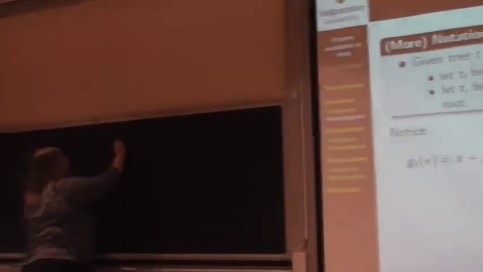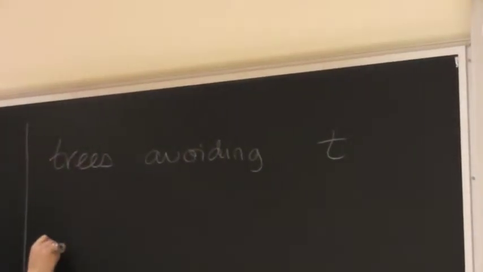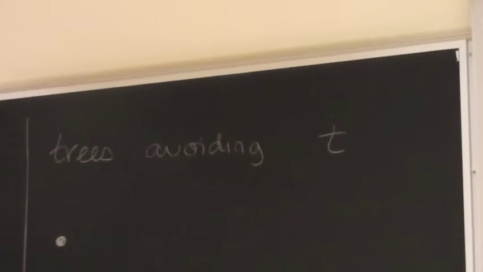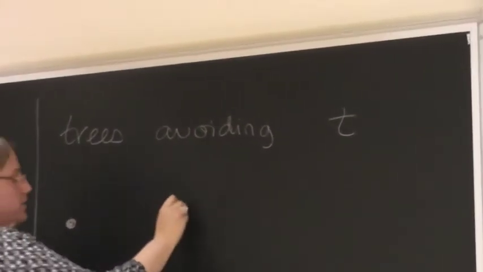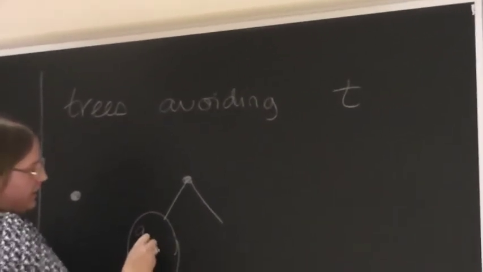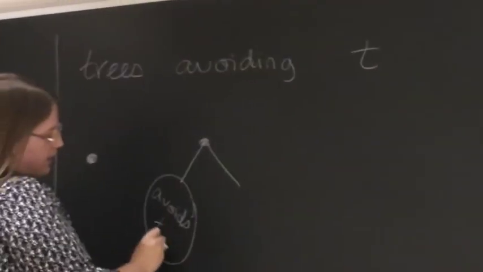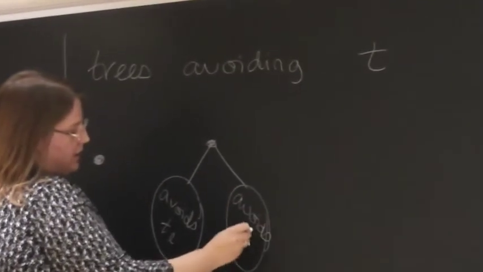Because if you talk about trees avoiding T, you're going to have one of three cases. You have the tree that looks like this. Well, that's what the X accounts for, because this has one leaf. You have trees where the root has children, and the thing over here avoids TL, but the thing over here just avoids T. Right?